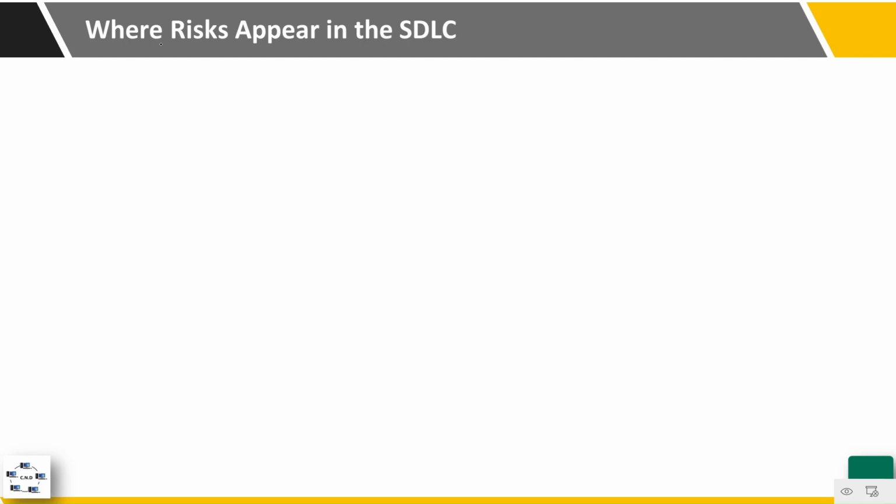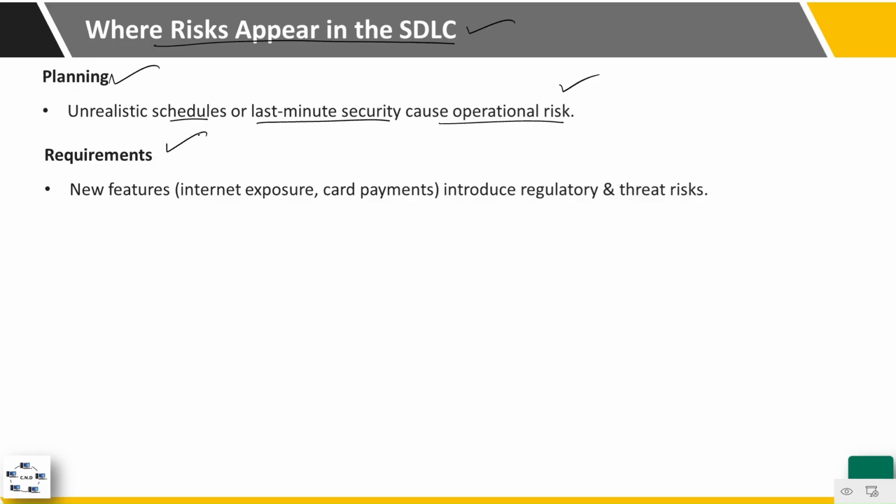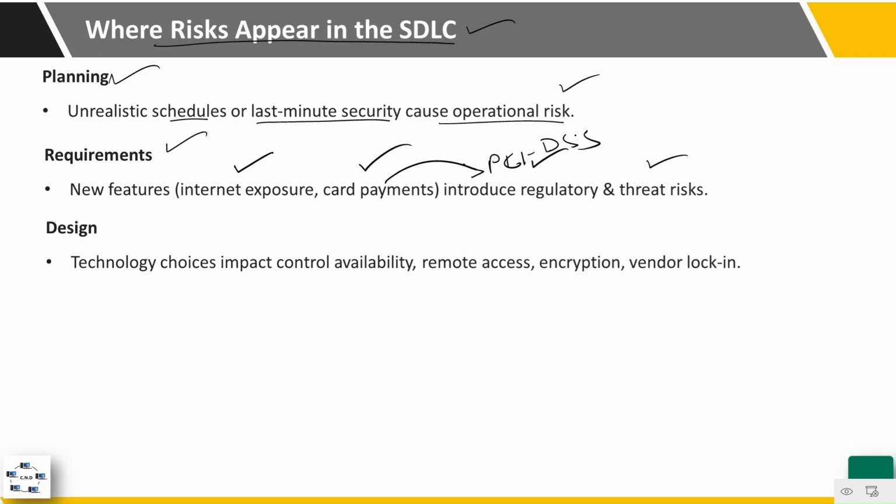So where do the risks appear in the SDLC life cycle? In planning, unrealistic schedules or last minute security requirements may cause operational risk. During the requirement phase, the addition of new features may lead to internet exposure, or the requirement of card payments can introduce regulatory requirements and threats. For example, card payment may introduce the regulatory requirement of the PCI-DSS standard.